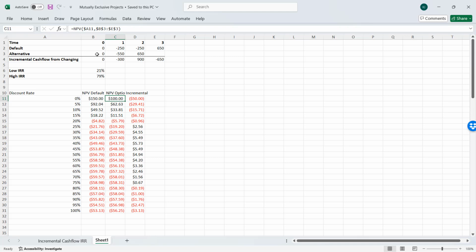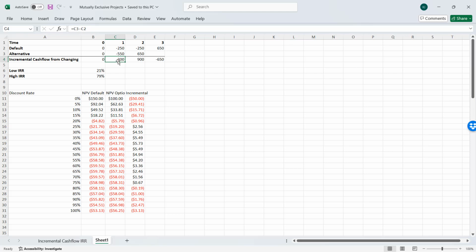Now, what our decision is, do we decide to switch? So is switching a positive NPV decision? In finance, everything's about incremental cash flows, about marginal cash flows. And so what we do is we compare the cash flow under one option to the cash flow under the other option.